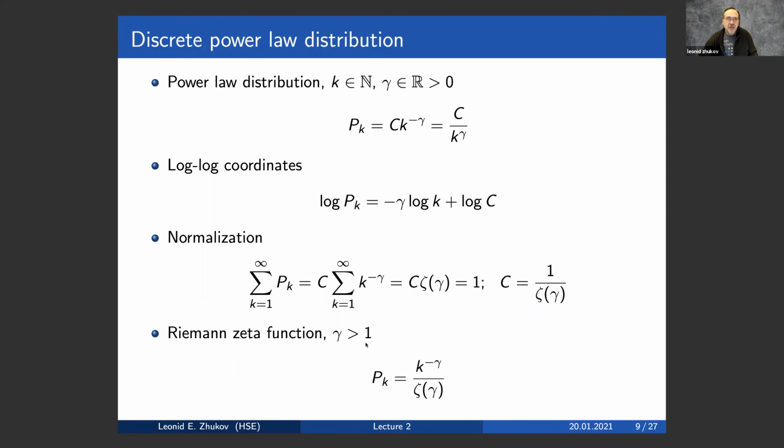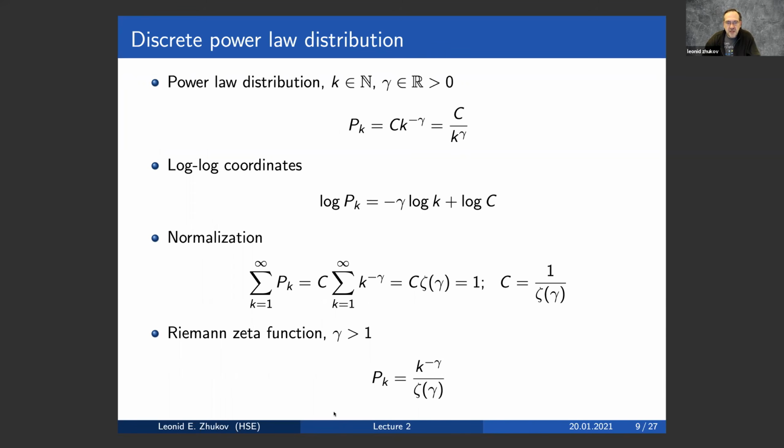Okay, so let's see how we can actually represent this distribution. Again, in real life, k here is a node degree, and so it's a natural number. Gamma is a real number, and so p(k) is just c times k to the power minus gamma, where c is some normalizing constant, because we want p to be a distribution.